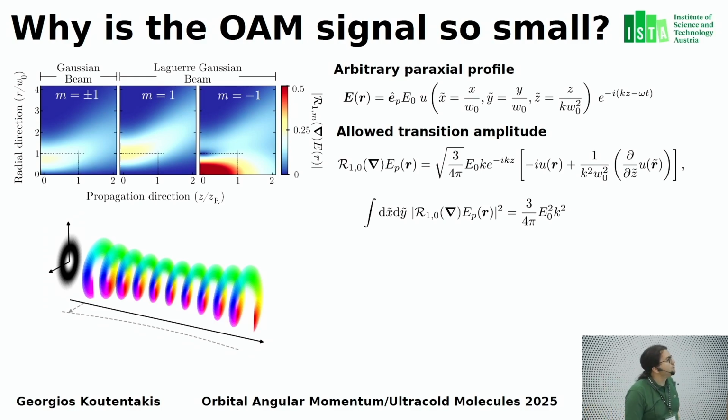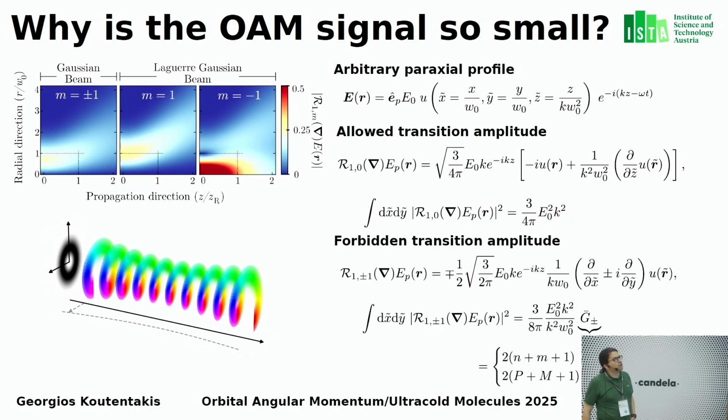For all allowed quadrupole transitions, we can form the matrix elements. After averaging, what we get scales with the amplitude of the electric field and the wave vector. But if we go to the forbidden transitions, we get a term that we don't like, which quantifies how justified our paraxial approximation is, because it measures how big the wavelength is over the width of the beam.